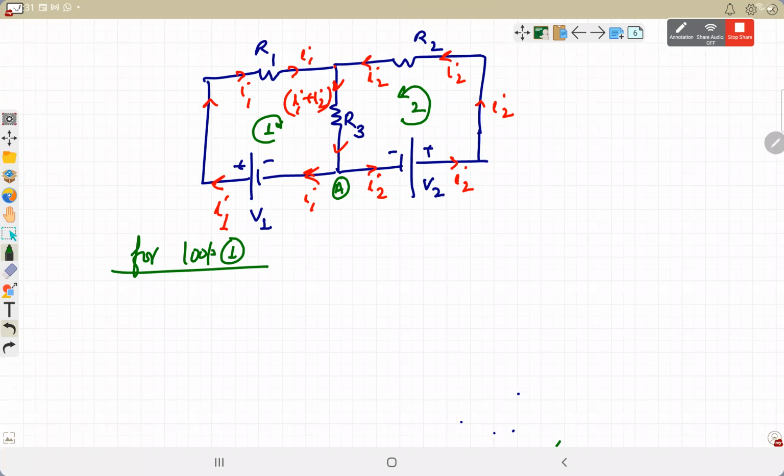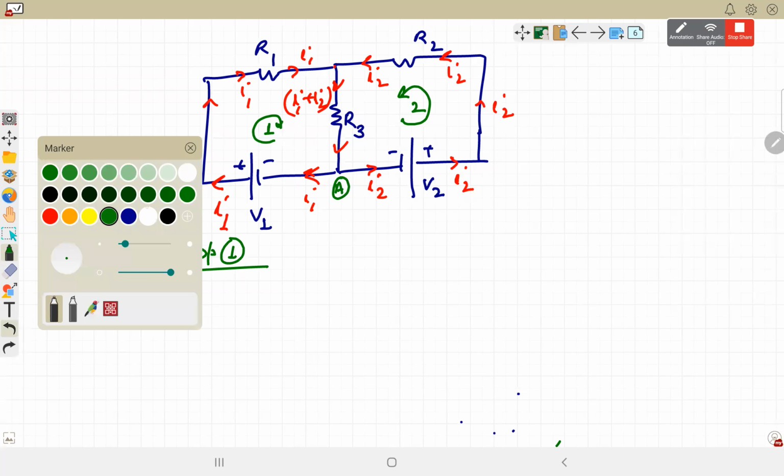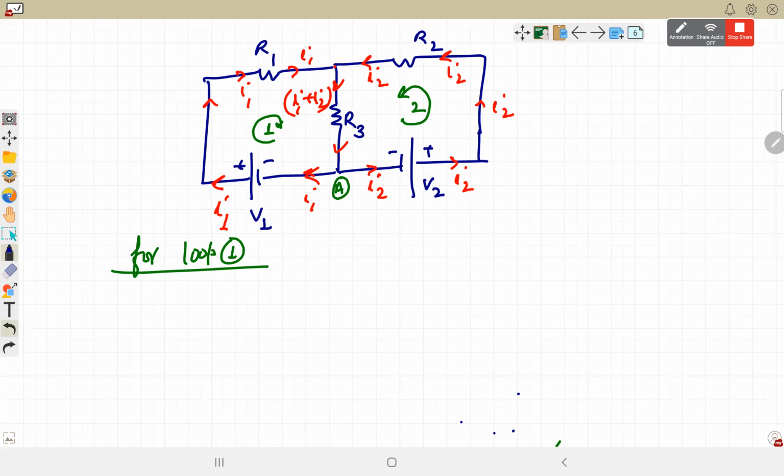Start from A, move in clockwise direction in this circuit. हमने बैटरी क्रॉस की माइनस से प्लस. Rishabh, what will be equation for loop one? Rishabh, क्या मेरी आवाज नहीं आ रही है? सर आ रही है, वो आ रही है.